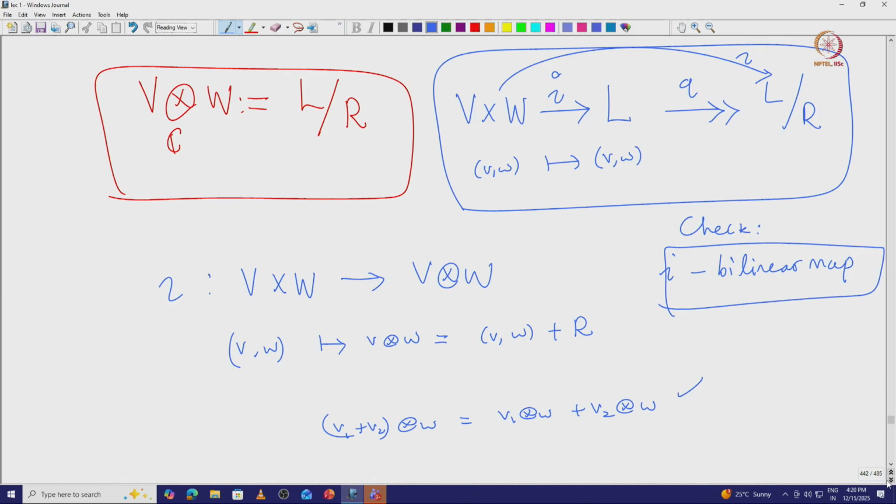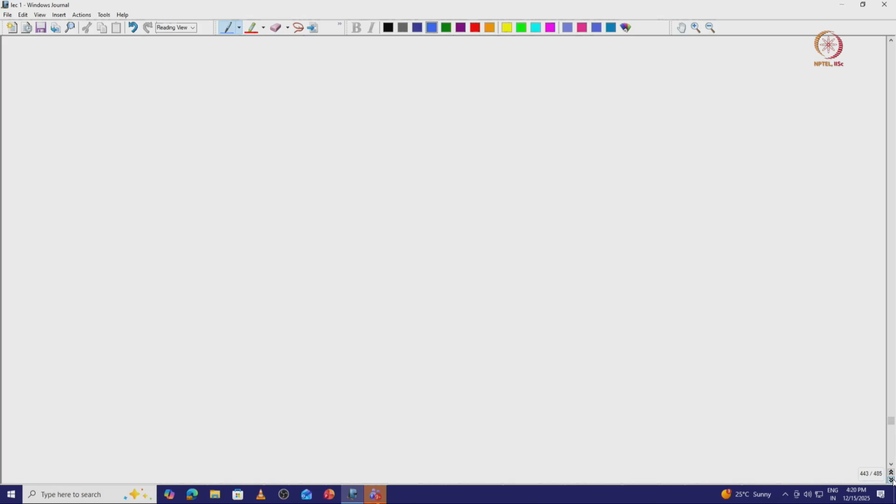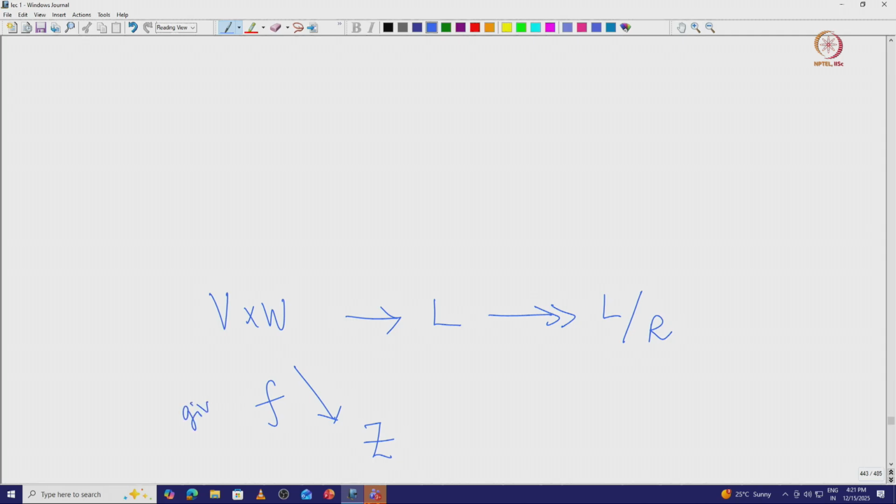And note that clearly we have the following universal property that we actually promised. If we take this V cross W, from here we have L, we have this quotient L modulo R, and now given this bilinear map F from V cross W to Z. So let us say this is a given bilinear map.